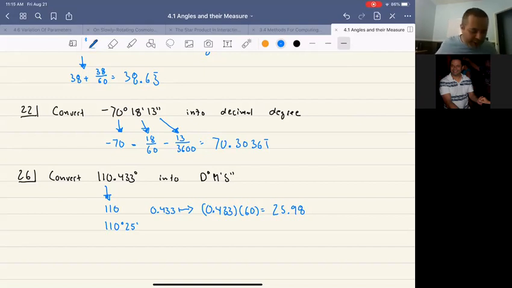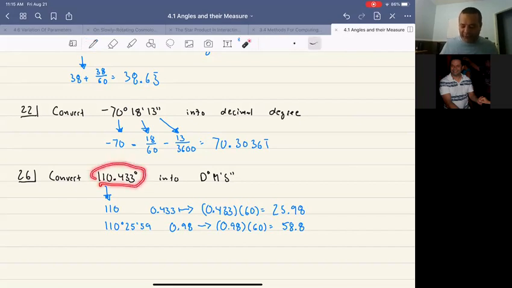So we're going to take 0.98 and multiply that by 60 again. And I get 58.8. And that we're going to go ahead and round up to 59. Okay, so 110.433 degrees is 110 degrees, 25 minutes, 59 seconds.